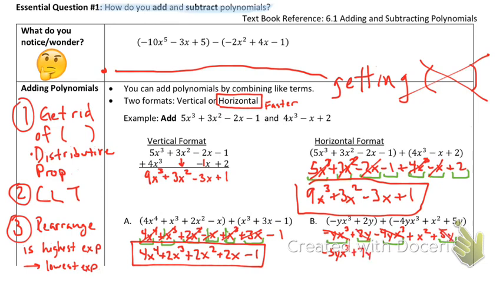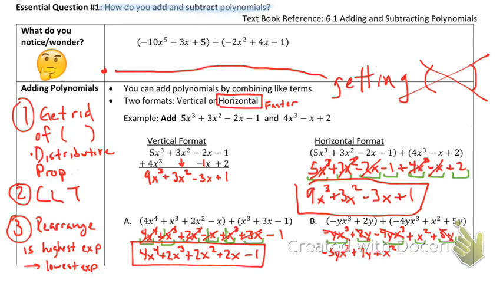Cross them out, and then if you look, the last term we have is x to the second. There's nothing to combine with there, so we're just going to bring it down. That's going to be positive x to the second. So we're done with the CLT.